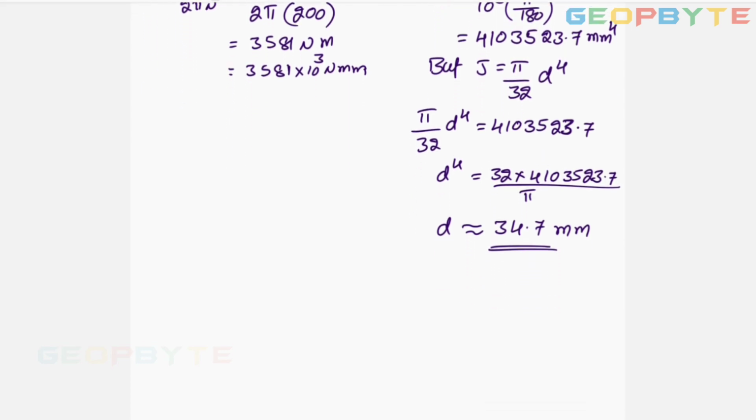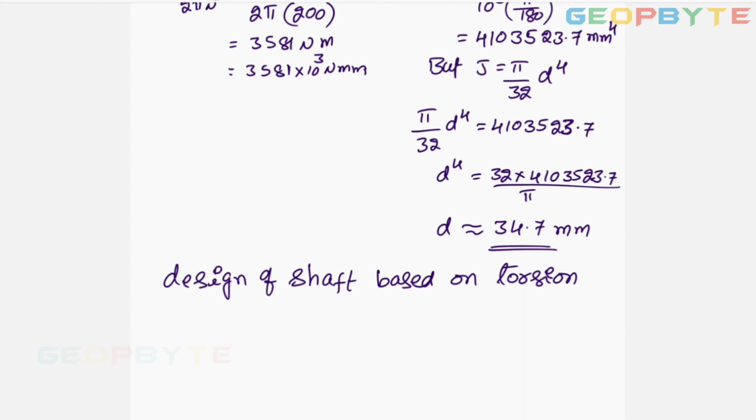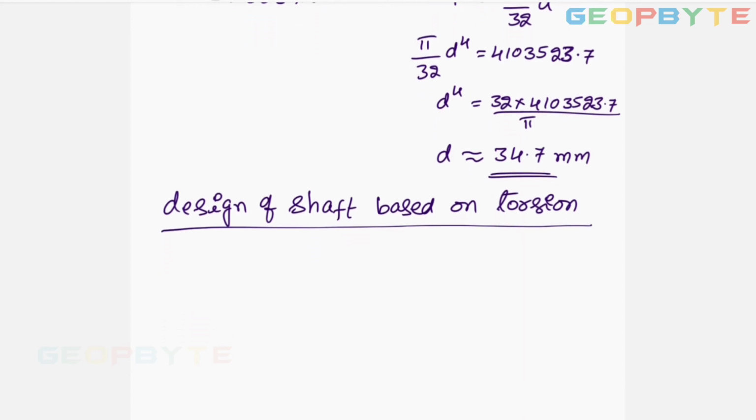Now design of shaft based on torsion. Design of shaft means to find the diameter of the shaft.